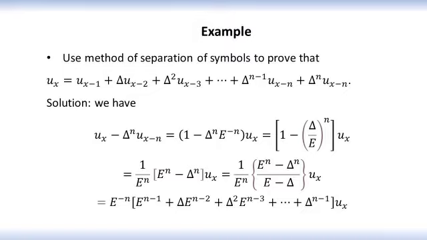which is equals to 1 divided by E power n into E power n minus delta to the power n whole divided by E minus delta into ux, because in previous step in denominator always we have a 1, that 1 can be written as E minus delta because E is equal to 1 plus delta. Using that relation we replace denominator 1 by E minus delta.